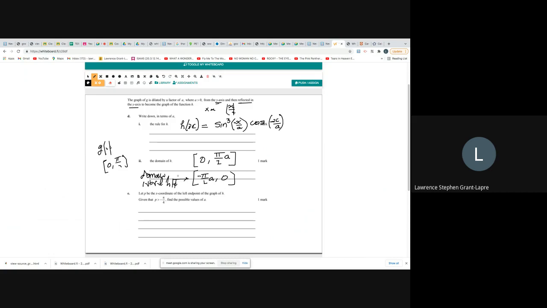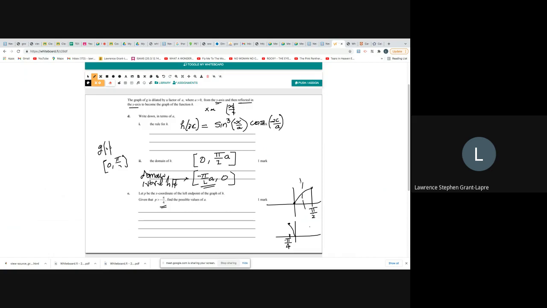All right. Now, let P be the X coordinate of the left endpoint. So there's the left endpoint, and P is greater than pi over 4. All right. So if it originally went from 0 to pi over 2, and now we've gone from negative pi over 4, that means A would have been squashed by a factor of 2.